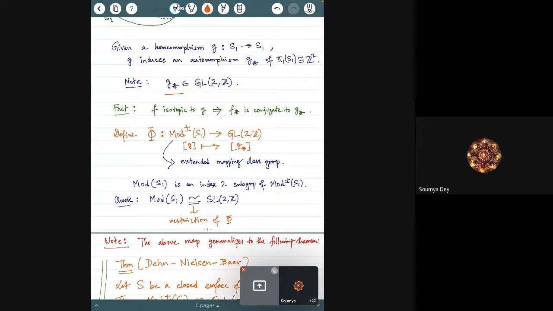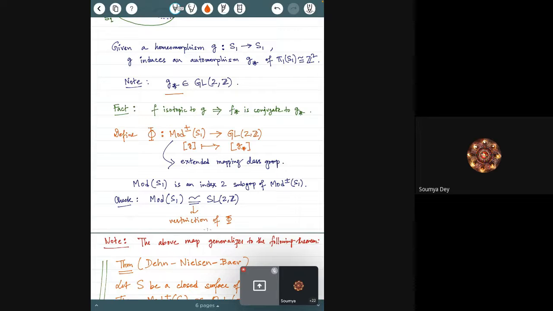So the mapping class group is an index 2 subgroup of this extended mapping class group. We are denoting this as Mod plus minus of S1. Okay, so given any element G, or say class of G, it's a mapping class, we are getting a conjugacy class of G star.